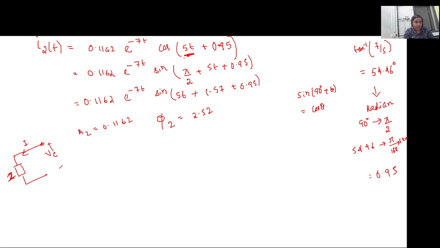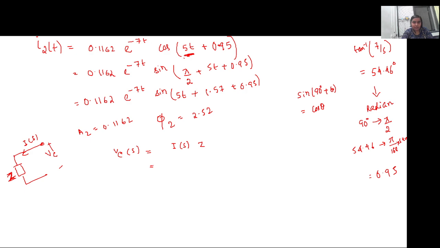IS is flowing, we have the value of IS and we have Z, so we can calculate VC. VC will be equal to IS into Z, right? Is it fine? Yes, ma'am. Okay.